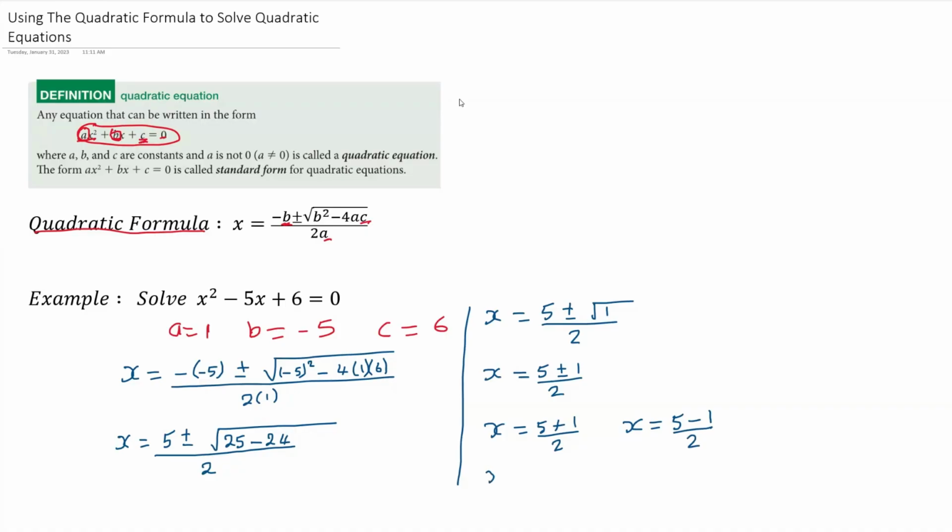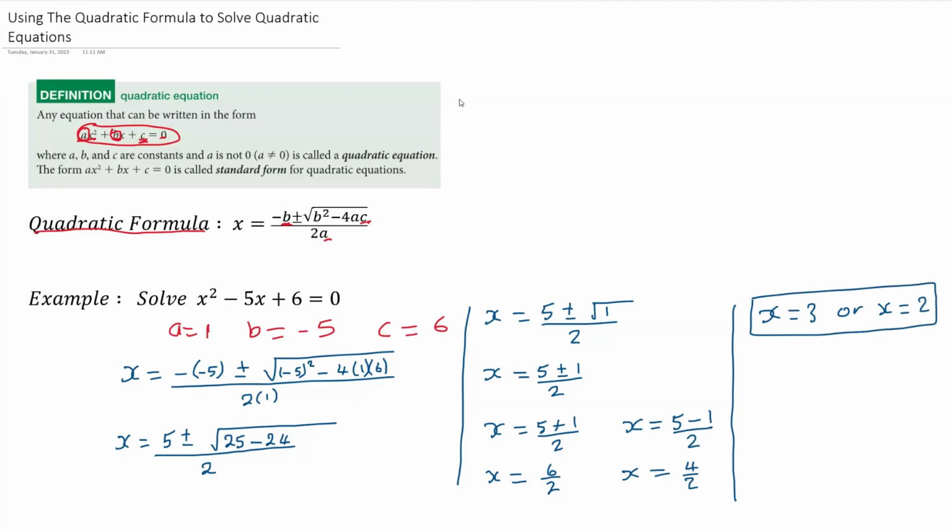If we simplify these, you get x is 6 over 2, or x is 4 over 2. So when you reduce these two, you get that x is 3, or x is equal to 2. So this would be the solution for this example.